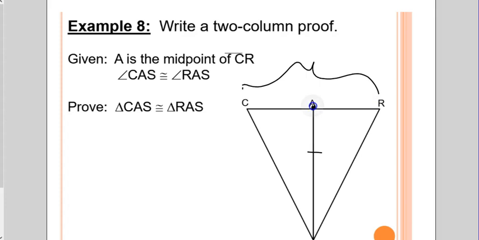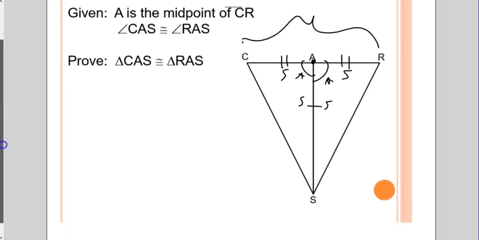If A is the midpoint, that means this segment is equal to this segment, because A cuts it in half. That's what midpoint does. Then it says CAS, which is right here, is congruent to RAS, which is right here. Side, angle, side. Keep in the habit of labeling. We're ready to go?